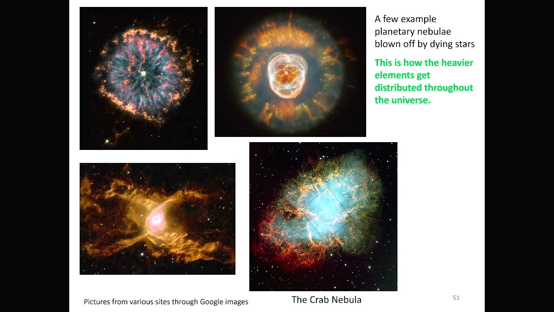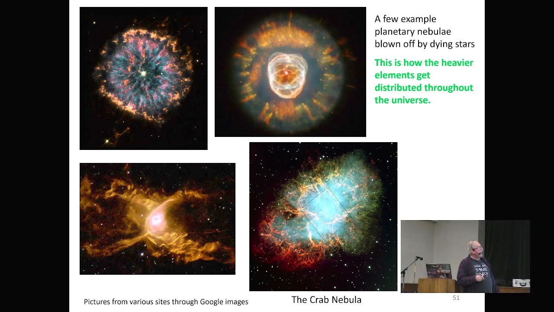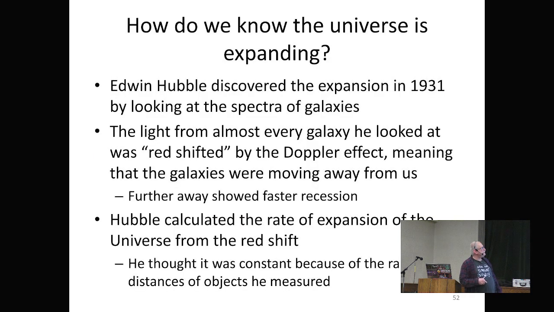And these are the kinds of shells that you get, and these shells are full of the heavier elements that then get spread throughout the universe and turn into us. Okay? We come from the fact that many, many generations of stars created the heavier elements from the early hydrogen and helium and made the stuff that we're made out of.